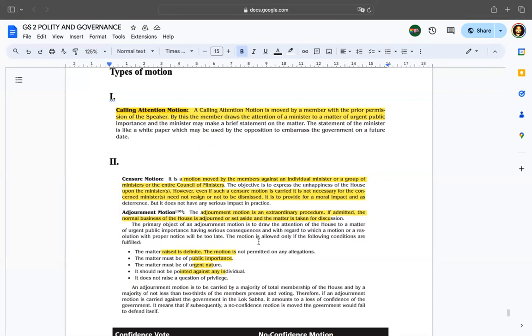Second is substitute motion. It is a motion to substitute the motion which is already tabled in front of the parliamentarians.